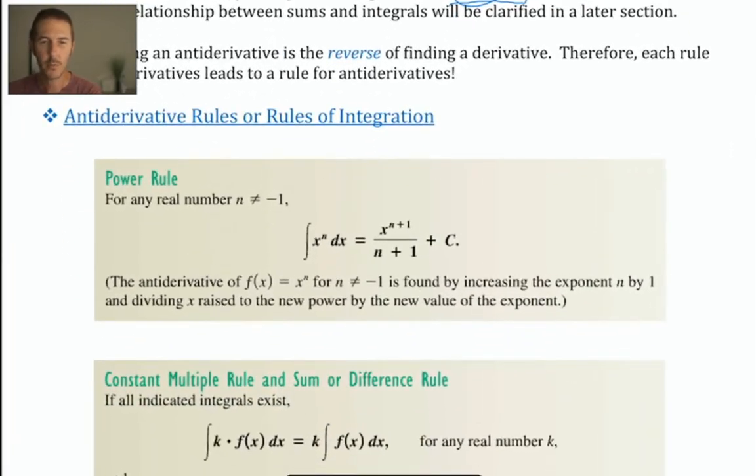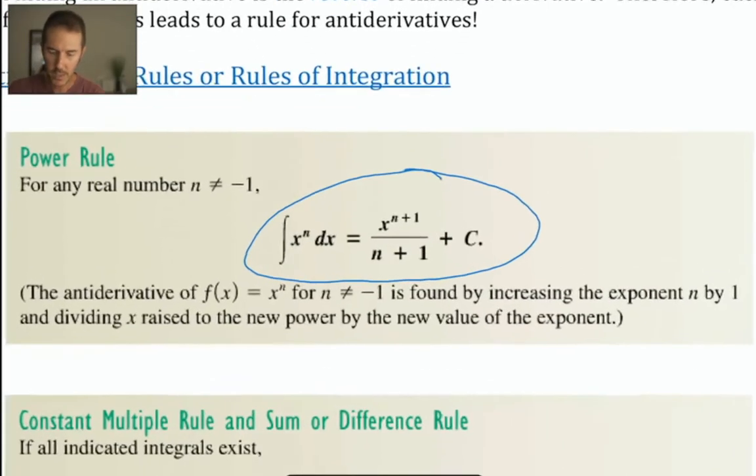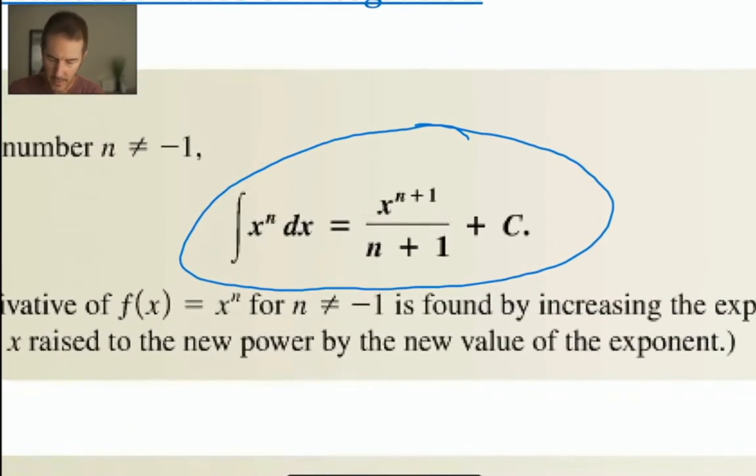Some antiderivative rules. I did say that there were going to be rules for integration, and here is a big one. All right, this one you need to be aware of. And what we're seeing here is that if we're finding the antiderivative of x to a particular power n, the result is x, and then you'll notice that we've increased the power.